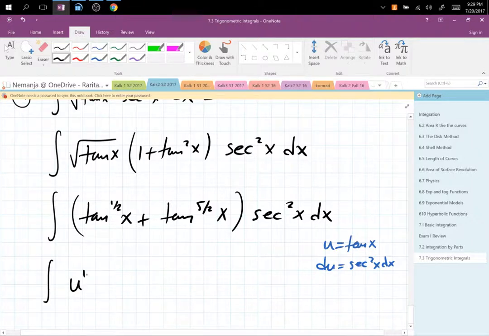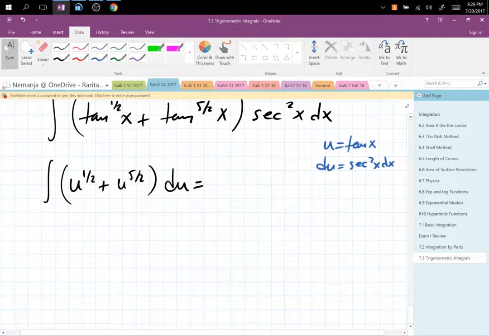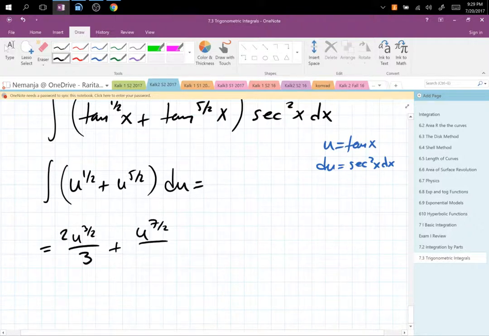The integral is u to the 1/2 plus u to the 5/2 du, which is equal to u to the 3/2 over 3/2 plus u to the 7/2 over 7/2 plus c.